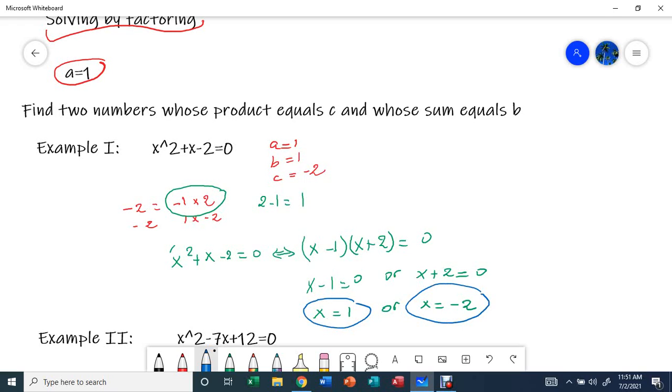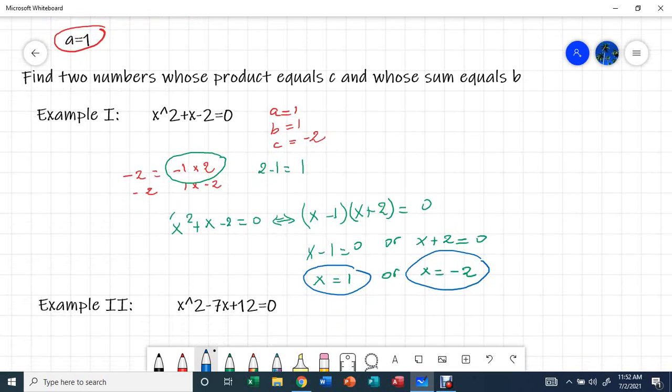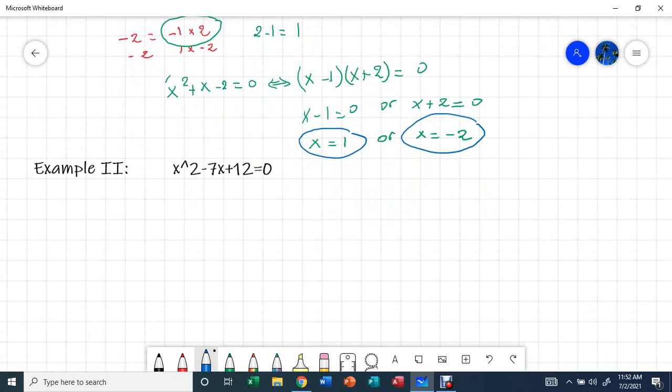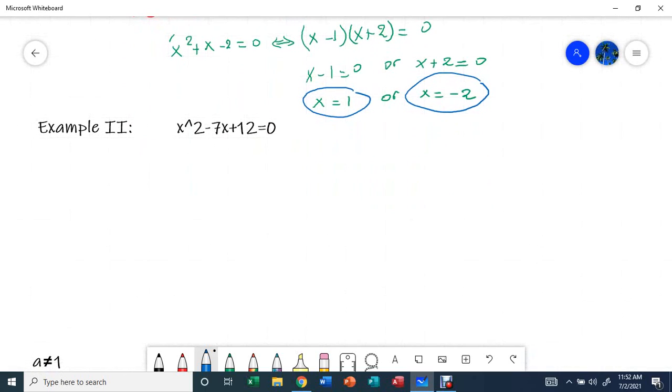Now let's look at example number 2 using the same way. Find two numbers whose product equals c and whose sum equals b. Same stuff here: x squared minus 7x plus 12 equals 0.